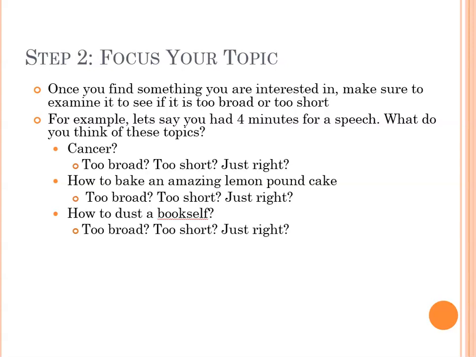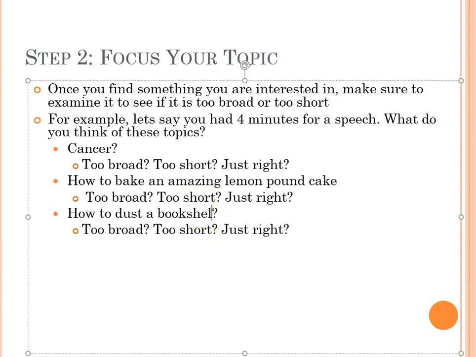So let's say that you were doing a demonstration speech on how to bake an amazing lemon pound cake. Is that too broad, too short, or just right? Well, that's going to be, sorry, I just saw my typo there. All right, so how to bake an amazing lemon pound cake. That's going to be just right, and hear me out on this.